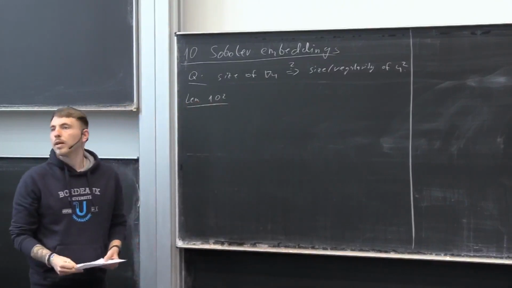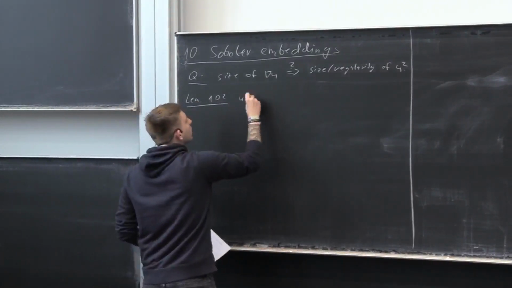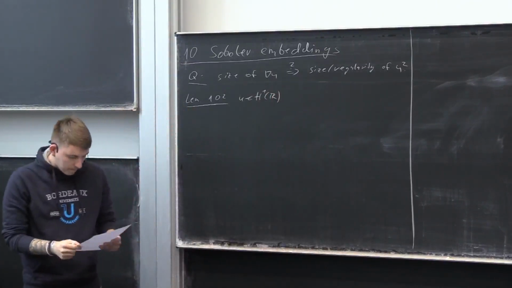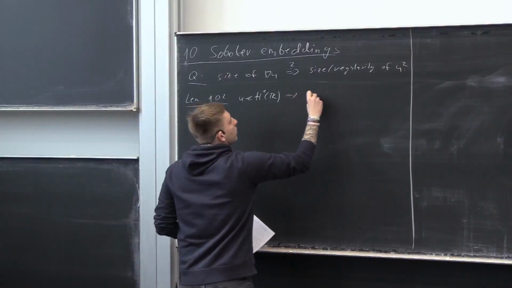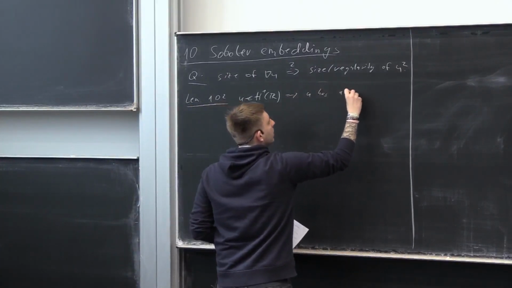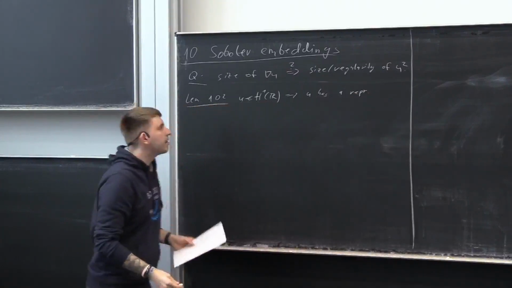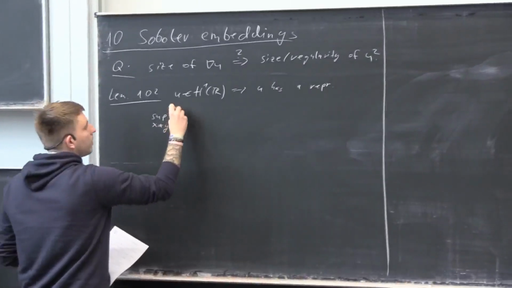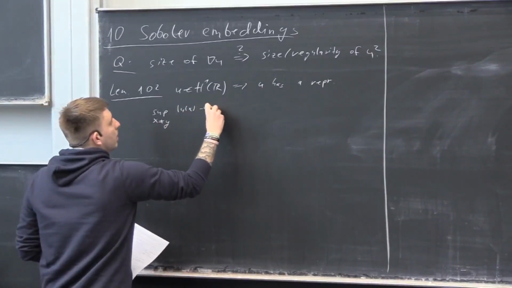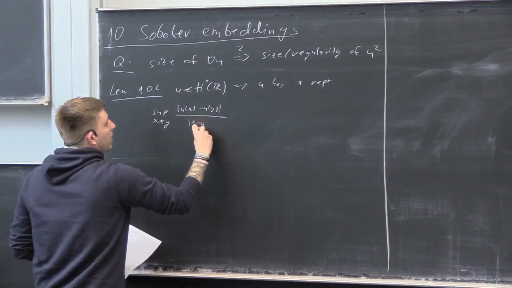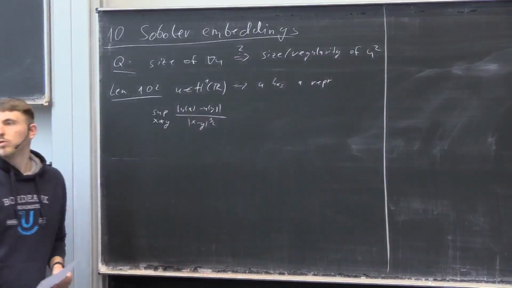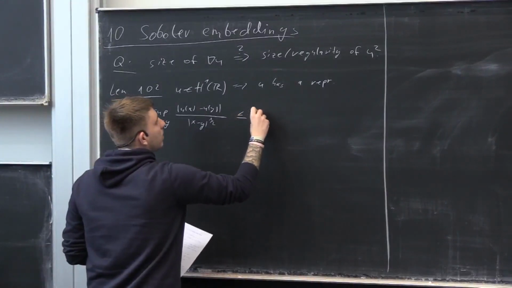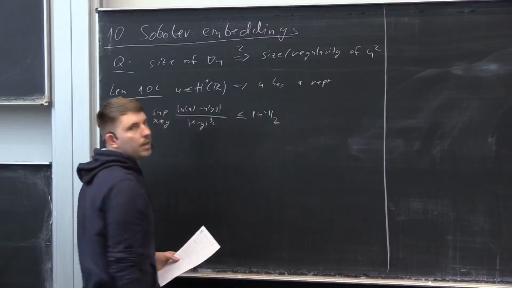There we were working in dimension 1 and we had the function u in H1 on R. And then we saw that u has a representative that satisfies the following Hölder estimate: the supremum over all x different from y of |u(x) minus u(y)| over |x minus y| to the 1/2. So just the Hölder 1/2 semi-norm can be controlled by u prime in the L2 norm.